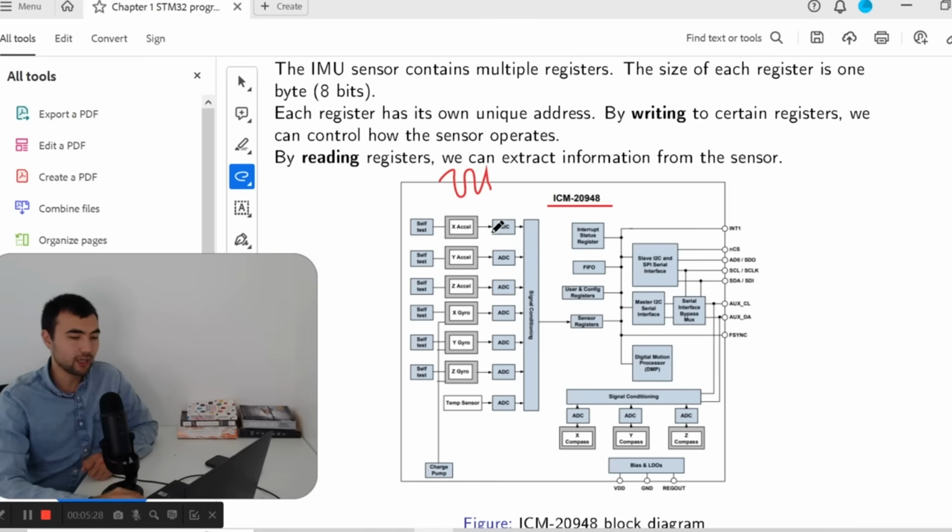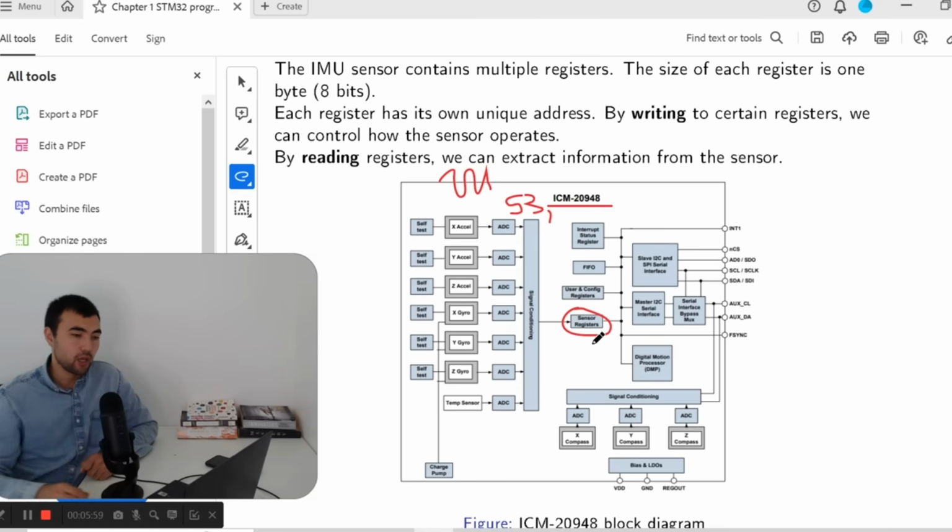Then we have ADC, analog to digital converter. So it will convert this analog signal to a series of numbers. So for example, 53, 45, and so on. And all this data that represents this sensor analog data will be stored inside of the sensor registers.